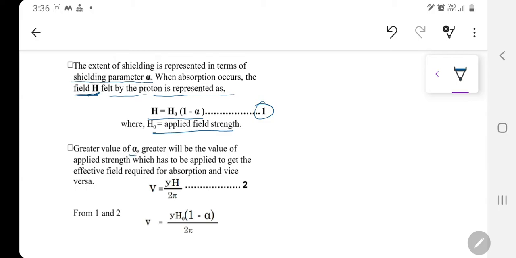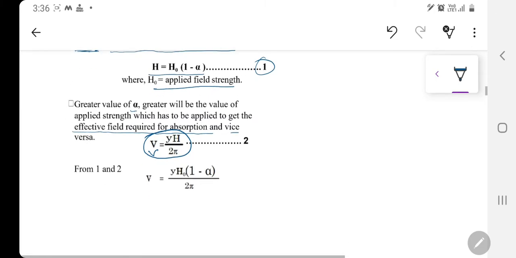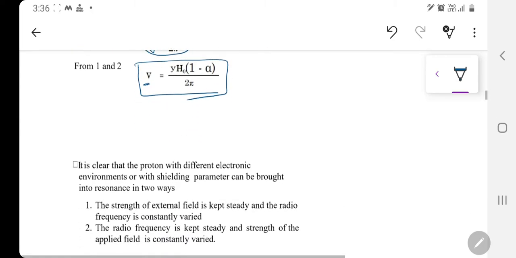The greater the value of alpha, the greater will be the applied field strength which has to be applied to get the effective field required for the absorption, and vice versa. Nu is equal to gamma H0 upon 2 pi, which becomes gamma H0 (1 minus alpha) upon 2 pi.